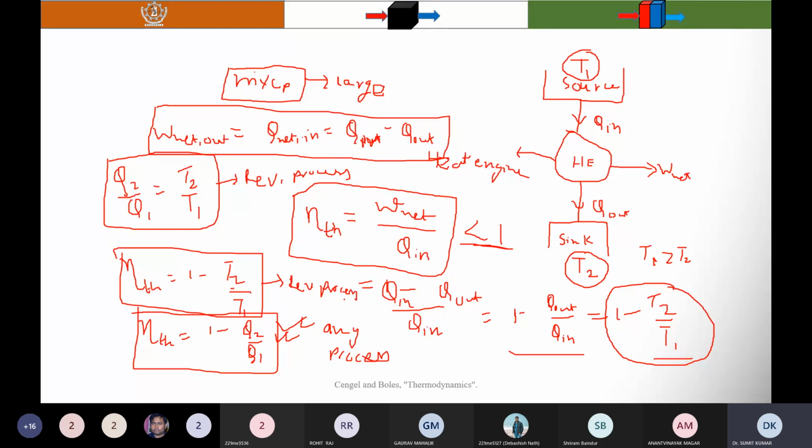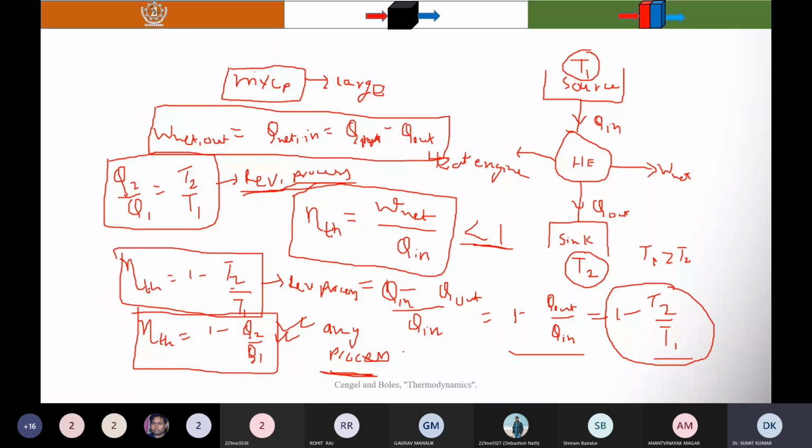When efficiency is written in terms of the temperature ratio, it is valid only for the reversible process, because the heat transfer ratio being equal to the temperature ratio is valid only for the reversible process. And when you write the efficiency in terms of the heat transfer ratio, it is valid for any process, because it comes from the energy balance, either reversible or irreversible.